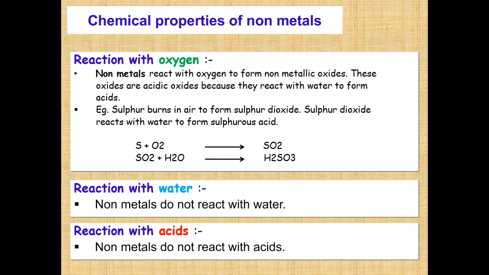Sulfur burns in air to form sulfur oxide. Sulfur oxide reacts with water to form sulfurous acid. Non-metals do not generally react with water. Similarly, non-metals do not react with acids either.